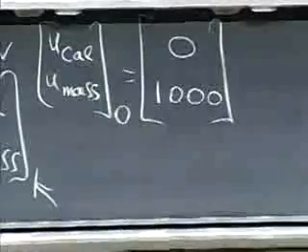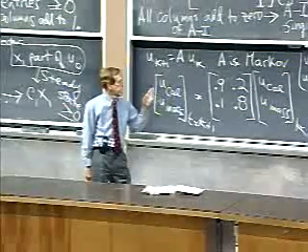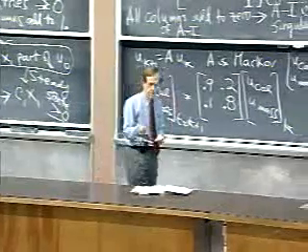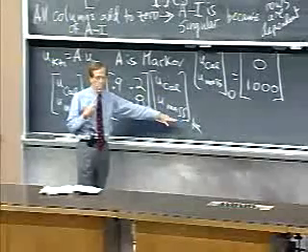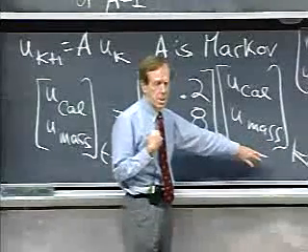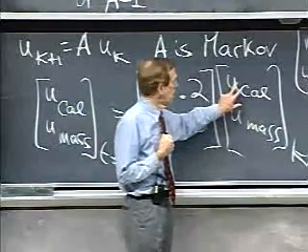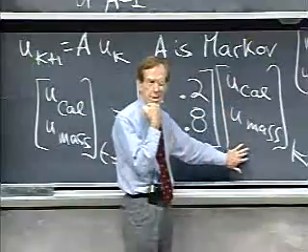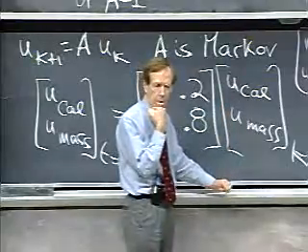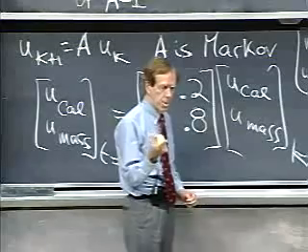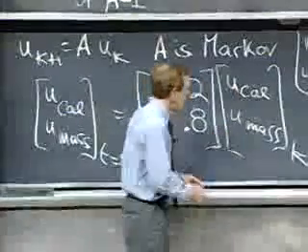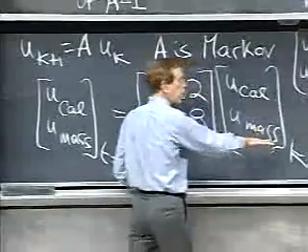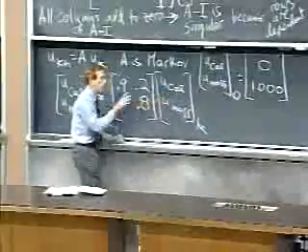So the populations are 0 and 1,000 at the start. What can you tell me about this population after K steps? What will UCal plus UMass add to? 1,000. Those 1,000 people are always accounted for. But UMass will start dropping from 1,000, UCal will start growing.